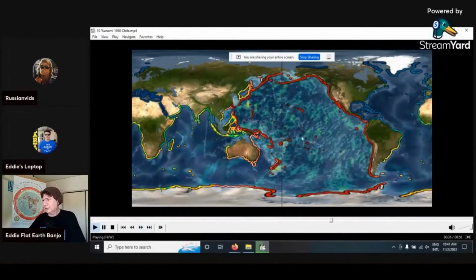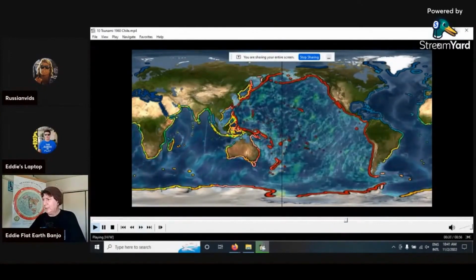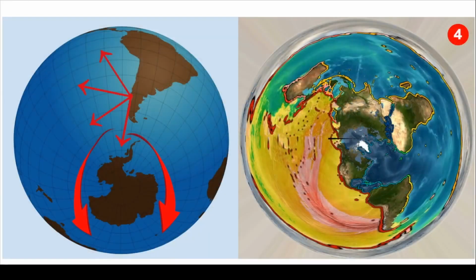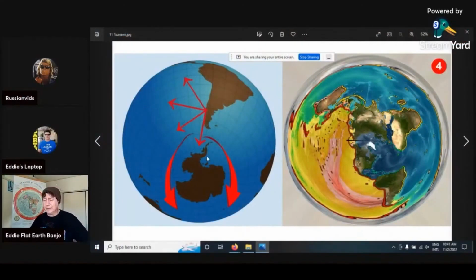So this is the official animation. You're never going to see these waves coming from the south and from the Atlantic. It never erupts around Antarctica because Antarctica is not this continent on the bottom of the ball. We have an ice wall, and this ice wall contains all the strength and the impact of these tsunamis.